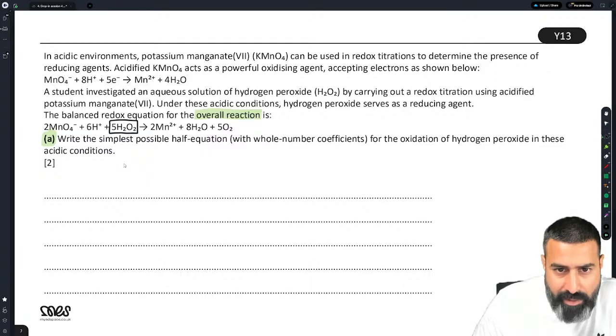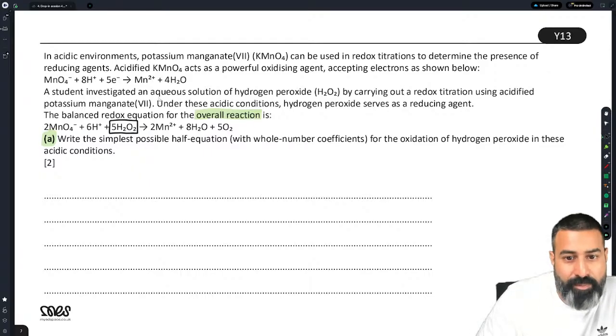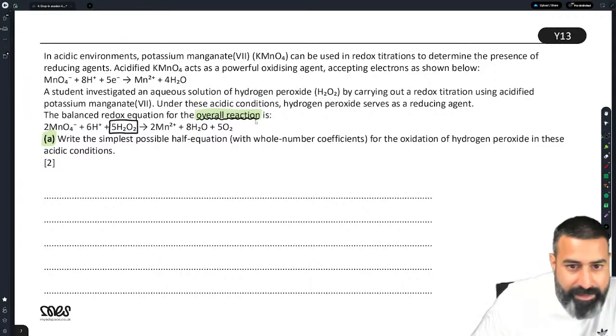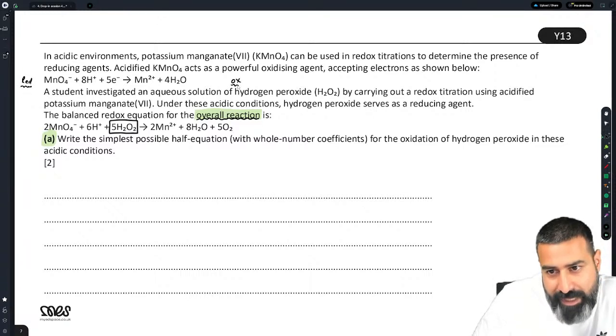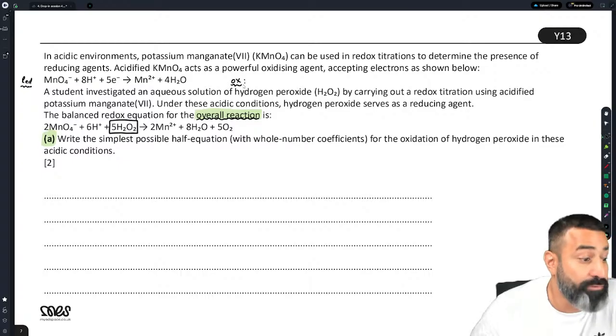So I'm thinking, well, we're not multiplying the top one by anything because they've given us the overall equation here, right? So what they're saying is, this is the reduction reaction. So what's the oxidation reaction from the overall equation? H2O2 is an oxidizing agent. So it's actually reduced.